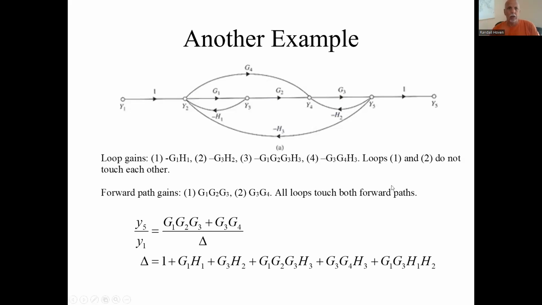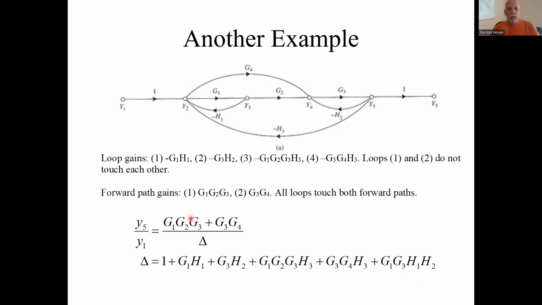This loop and this loop, that pair gain is the product of all of those gains in those 2 loops. It'll be G1, G3, then the minuses cancel, H1, H2. We added those, and these minus signs canceled, so everything was an add. But this is the 1 pair gain.